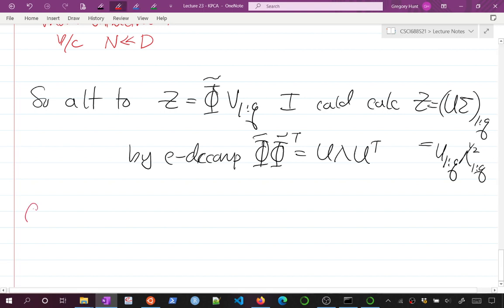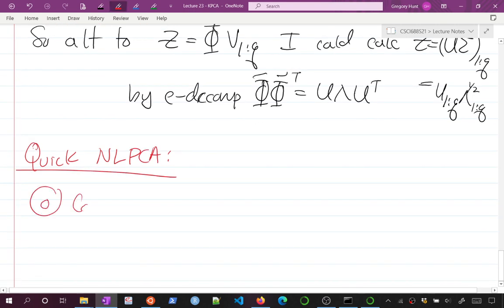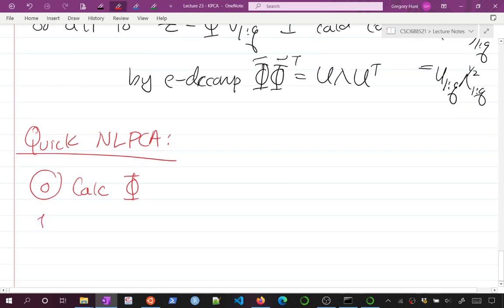So the quick version of nonlinear PCA would be: step 0, calculate phi, so calculate my embedding data matrix. Step 1, I center it, so I multiply on the left by my centering matrix.